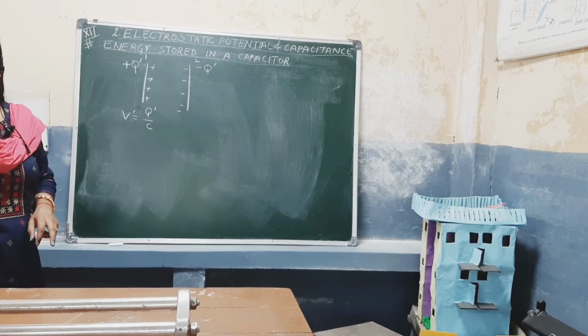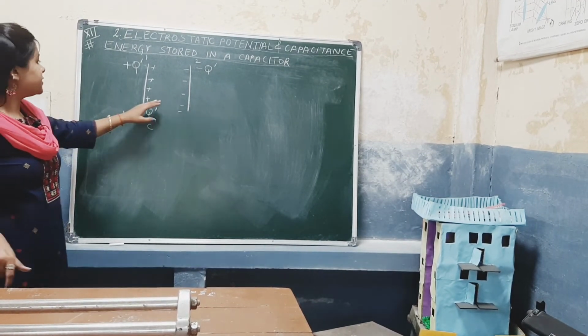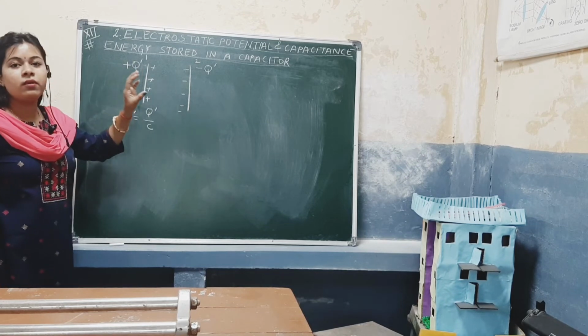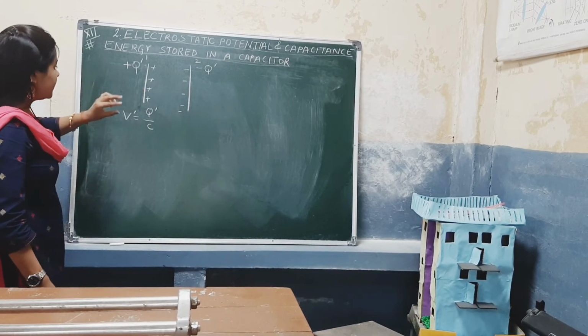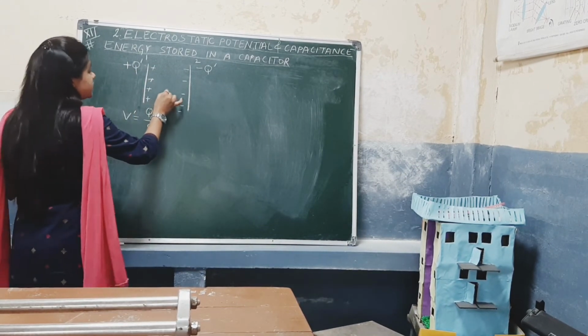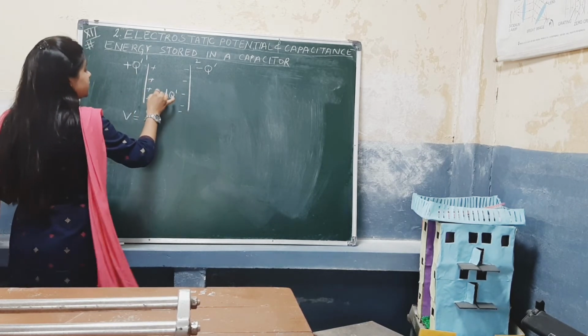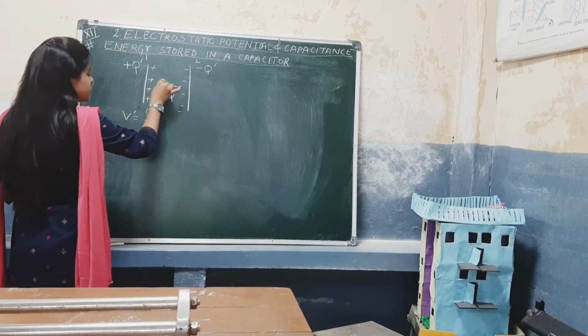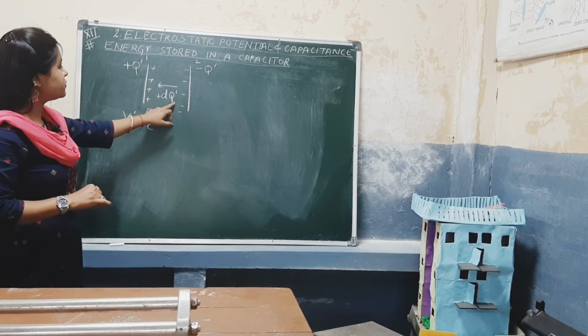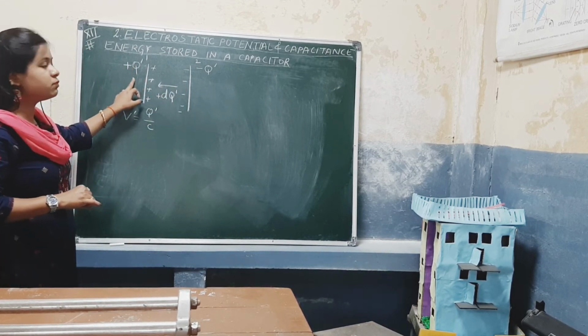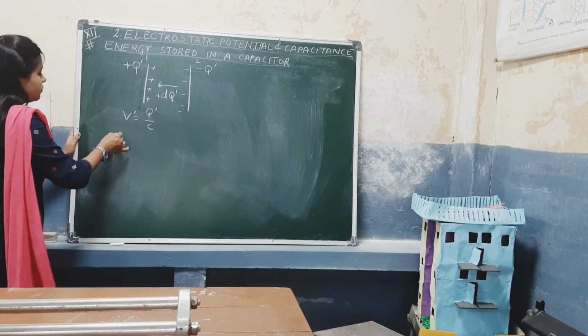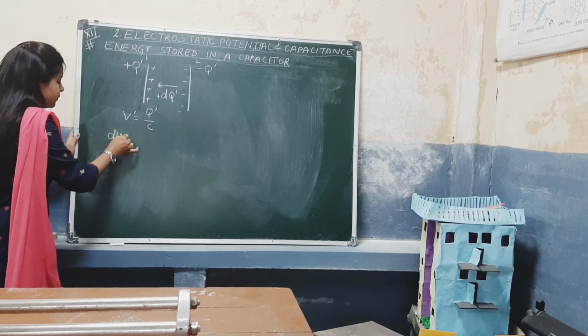Now it is continuously going on, addition of charge here. Suppose at another instant the charge that is transferring is dq dash, that is a small positive charge, and when this small positive charge is transferred onto the positive plate, we have done some work.